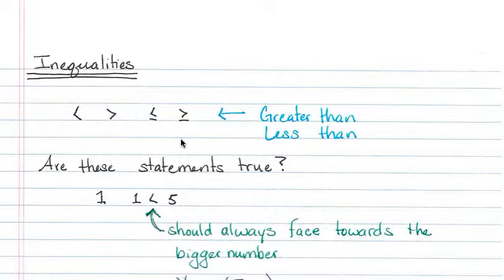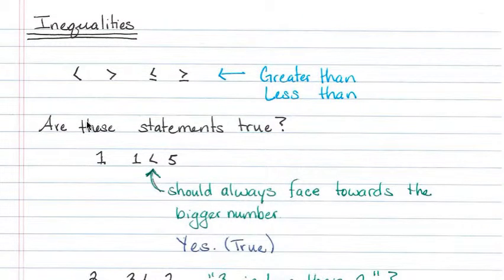To show you how they work, I'll put some numbers here. So my question is, are these statements true? First problem. This one reads 1 less than 5. Like I wrote here, you should always face the triangle toward the bigger number.